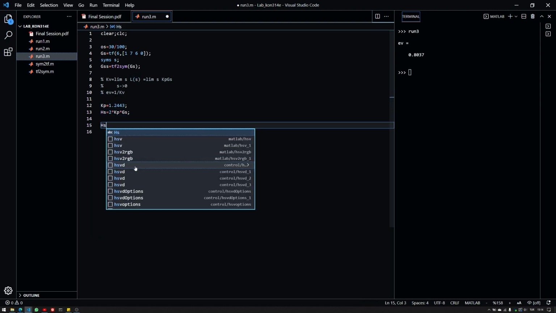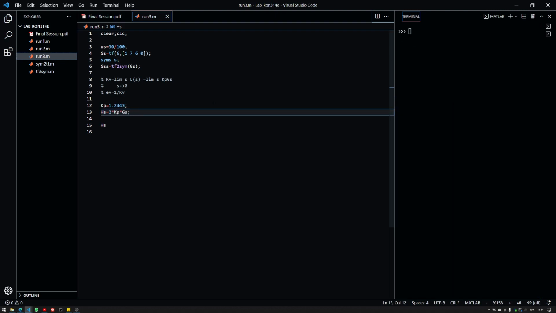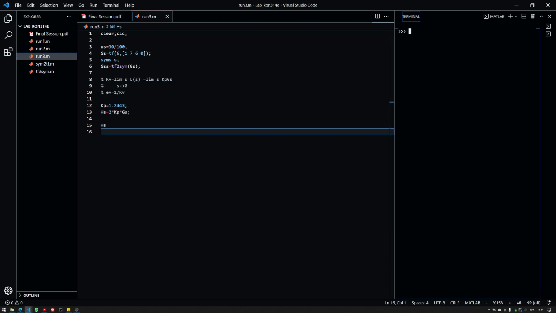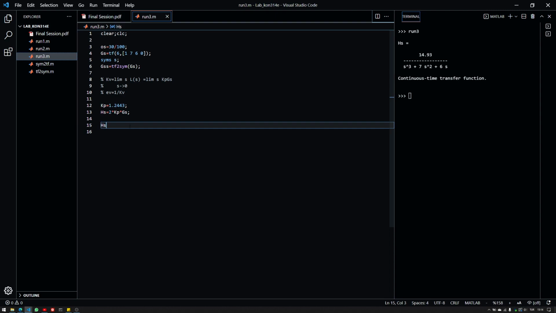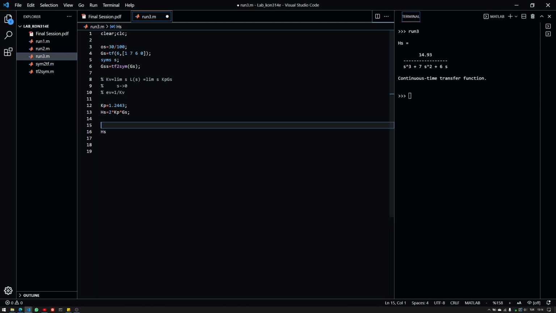We are trying to design a controller that has, by the way, gain 1, because we don't want to mess up the gain of this loop transfer function. If we do that, then this limit will change, Kv will change, and then the error will change. We don't want that. We have already calculated what the gain should be, and we've adjusted accordingly. The only thing left here is to determine what alpha and tau should be, and that's it, basically.